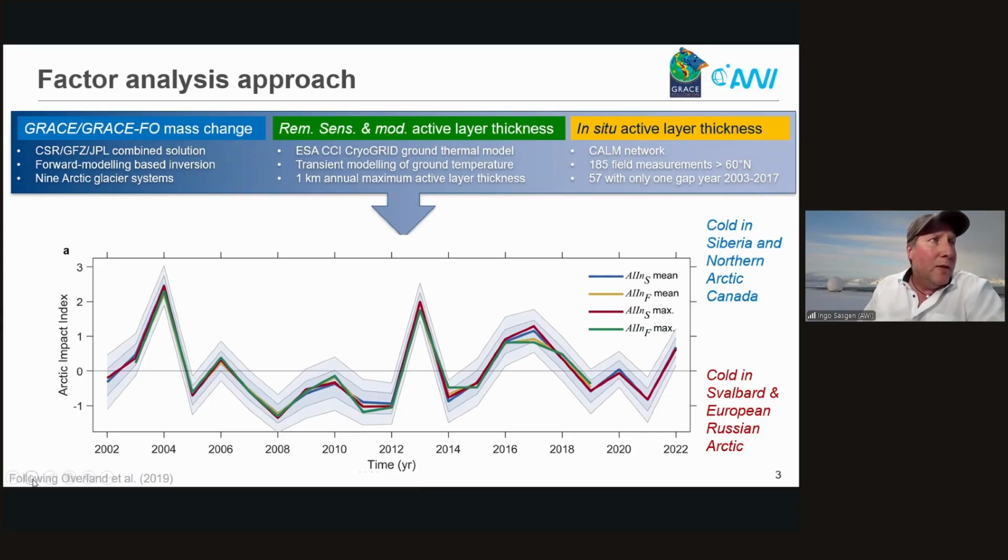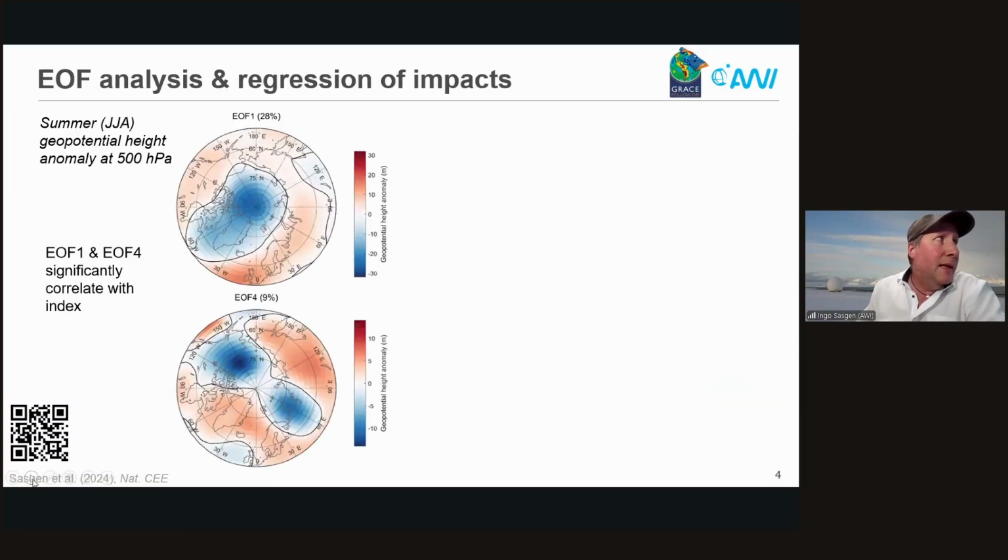This is what we constructed, and then we try to connect this to the atmospheric modes of variability. And this is shown here. You can see we decompose the geopotential height at 500 hectopascal during summertime, so these are summer means, into the main modes of variability. And we found a significant correlation between these indices and our principal components for EOF1 and EOF4, which are shown here.